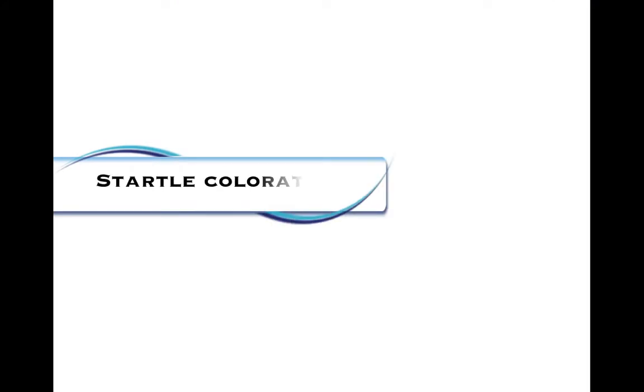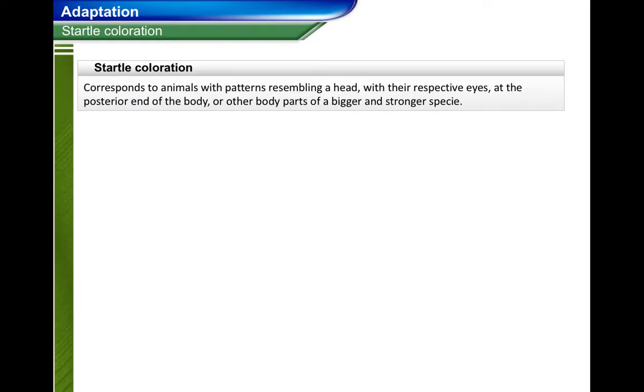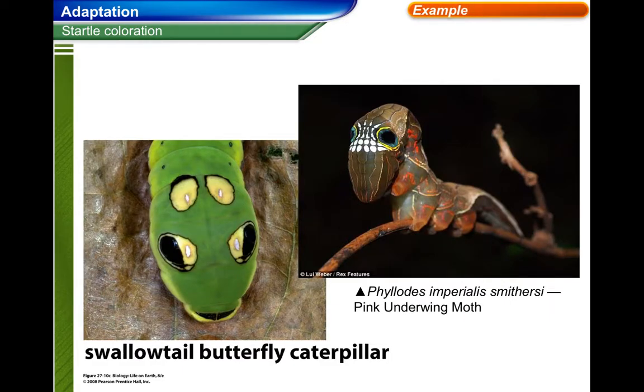And the last type of mimicry is startle coloration. It corresponds to animals with patterns resembling a head with eyes, usually at the posterior end of the body, or other body parts of a bigger and stronger species. So in these examples, predators of this caterpillar larva are deterred by its resemblance to a snake.